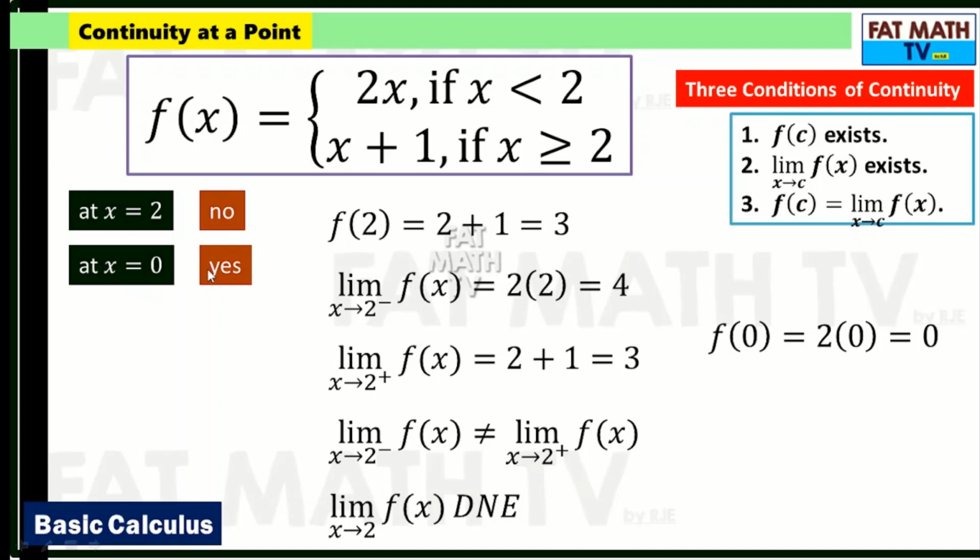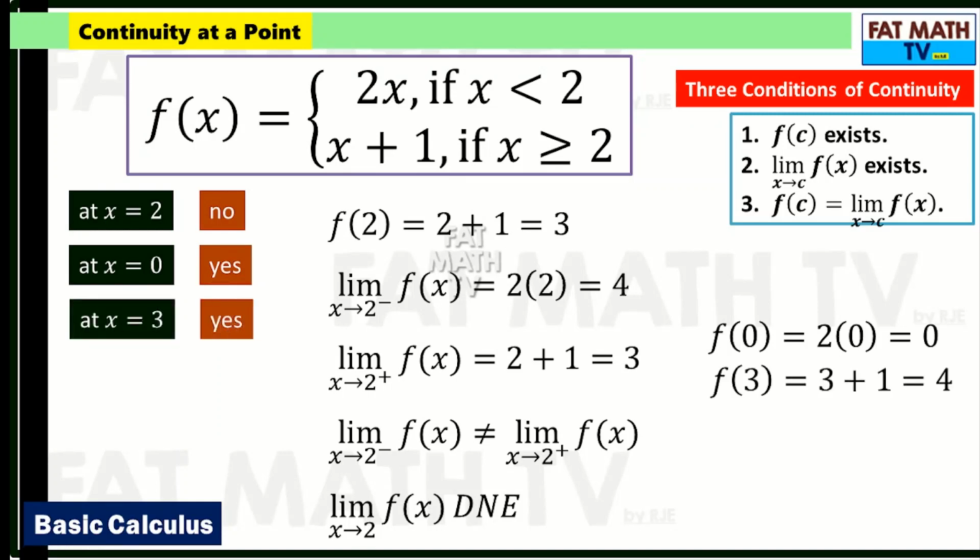So at x equals 0, it is continuous. At x equals 3, it is continuous. At other values of x, it is also continuous, just except for x equals 2. At x equals 2, the function is not continuous. But for other values of x, the function is continuous.